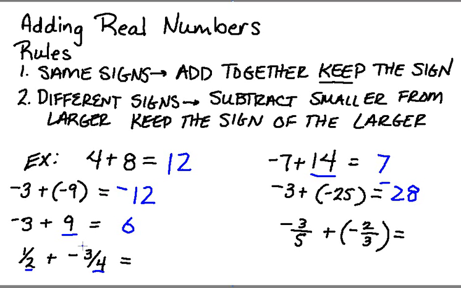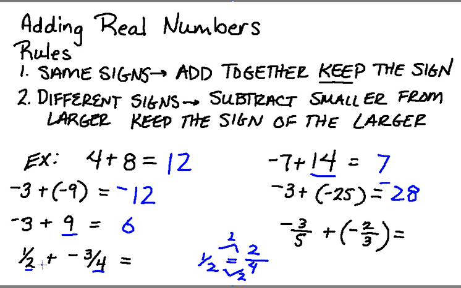That is actually 4. So I've got to convert 1/2, okay, to something over 4. All right. So 2 times 2 yields 4, so I multiply the denominator by 2 to get 4, and therefore I need to multiply my numerator by 2. So 1/2 is actually equal to 2 over 4.